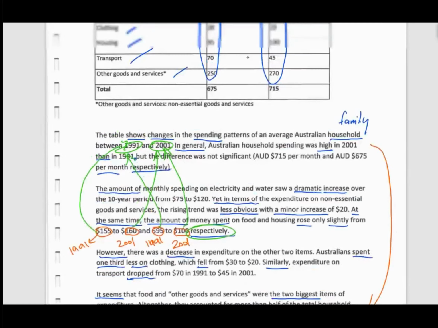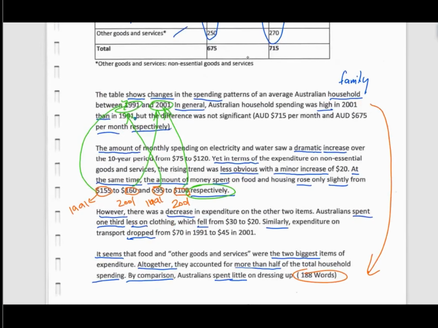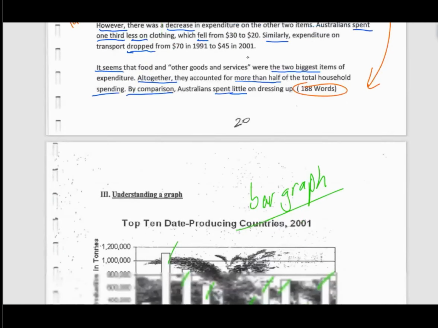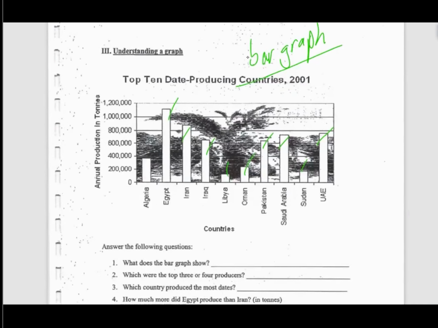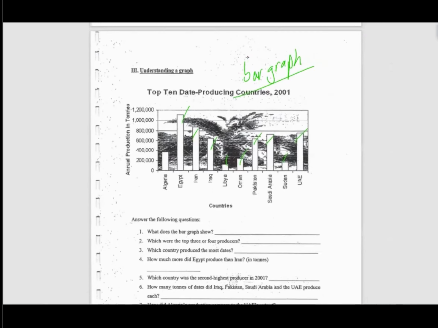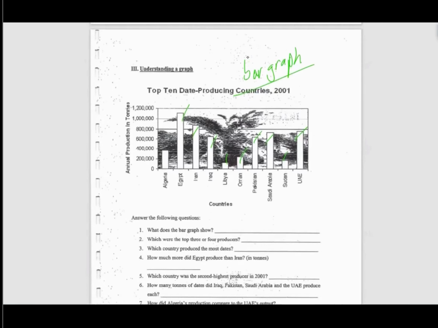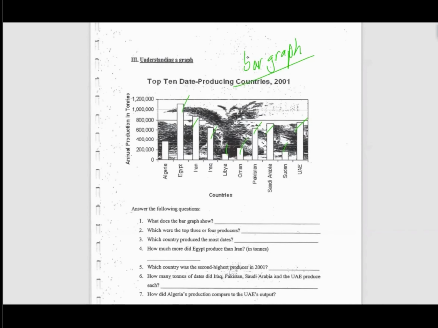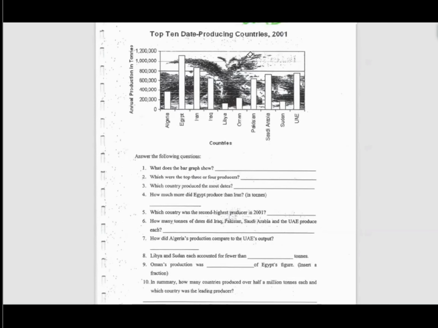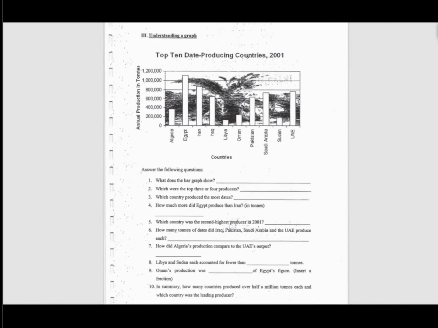Okay? This is another example of task 1 report. This is a bar graph. This will be a homework. What you have to do here is to look at the drawing.